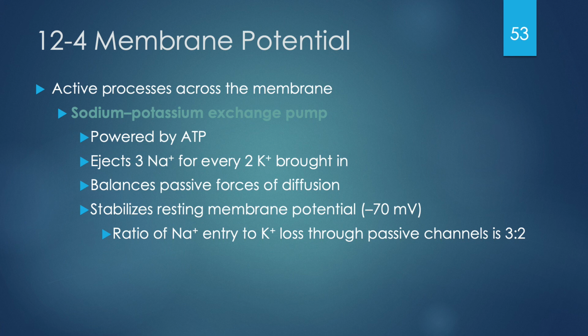What this does is balance the passive forces of diffusion, which we recall are different because of the different chemical and electrical gradients on either side of the plasma membrane. So the sodium-potassium exchange pump is stabilizing the resting membrane potential to keep it at negative 70 millivolts. This happens because the ratio of sodium entry to potassium loss through passive processes is 3:2. So the pump does the exact same thing in reverse to keep things stable.